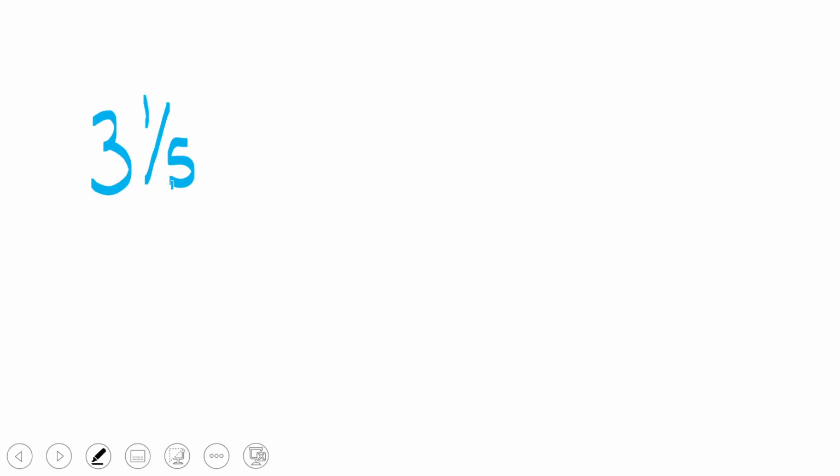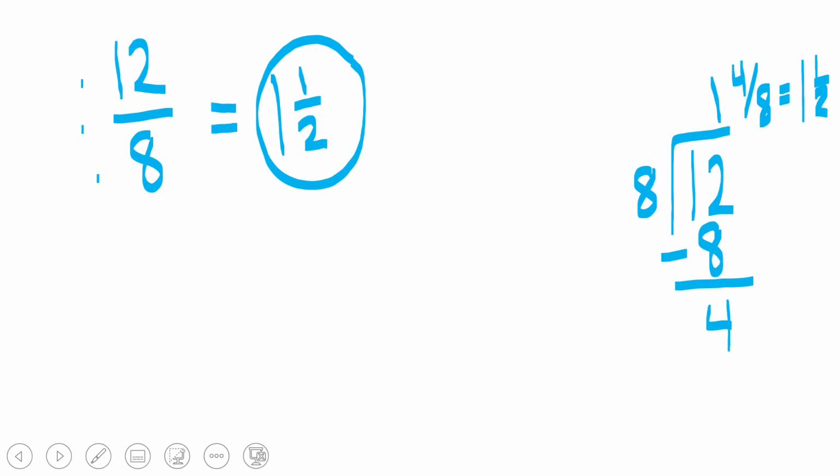If we're asked to rewrite a mixed number as an improper fraction in lowest terms, such as 3 and 1/5, remember that we take 5 times 3 plus 1. So we can rewrite that over here across the equal sign.